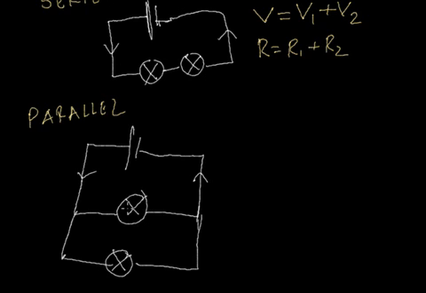So if there is a connection loss here, this bulb will still glow. In the wedding light decorations, you will always see that they don't use series, because if just one bulb is fused, the entire light system would stop working.